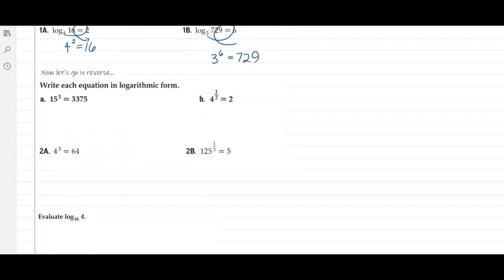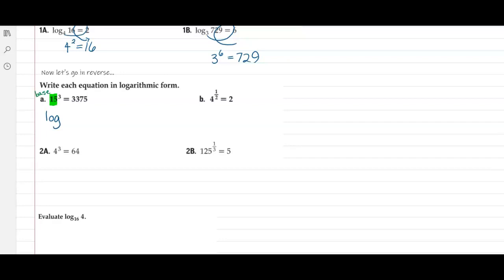Let's go backwards now. We're going to start with things that are in exponential form, and we're going to change them to logarithmic form. When we change them to logarithmic form, we start with the word log. Now, when we studied step 19, we know that this 15 is the base.